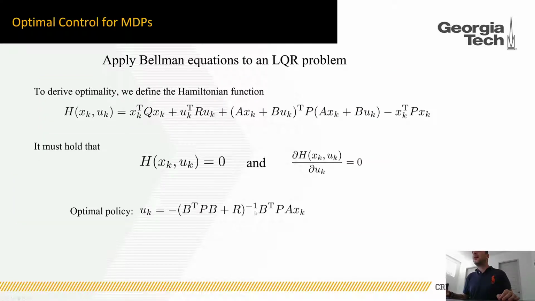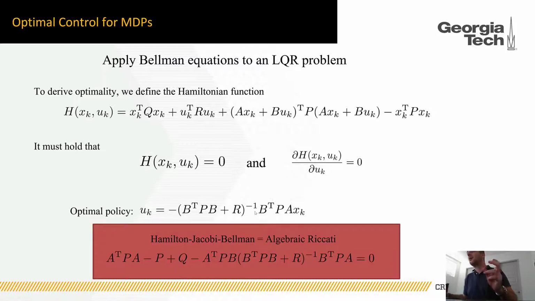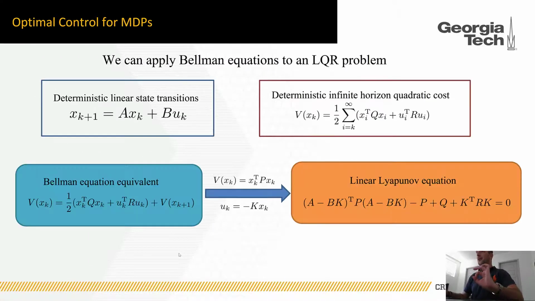So after now, you find this and you put it back into your Hamiltonian, you will eventually have your Riccati, or a Hamilton-Jacobi-Bellman equation, which is in a general nonlinear sense, okay? Again, what I did here is I applied the Bellman equation, where you see in this way here, and I applied it to the Hamiltonian.